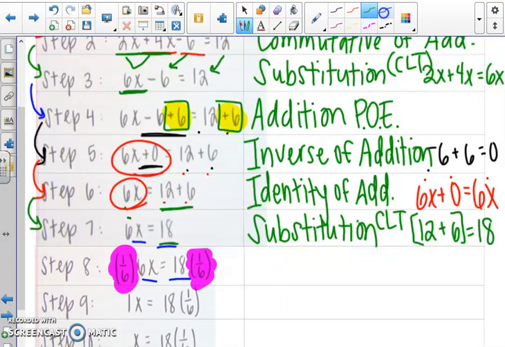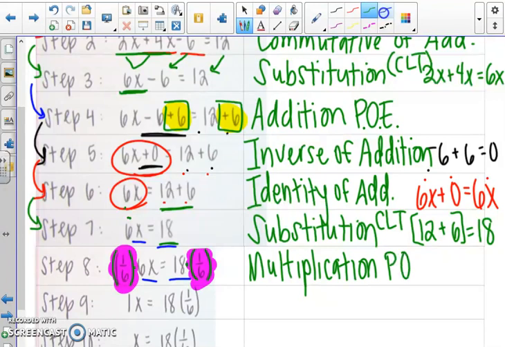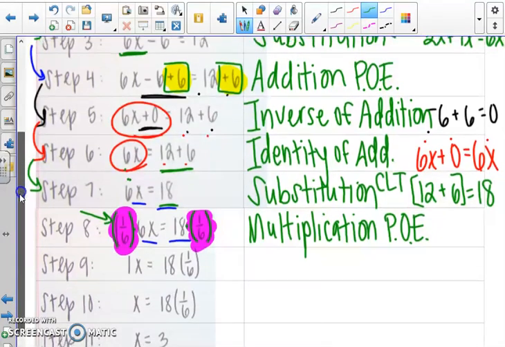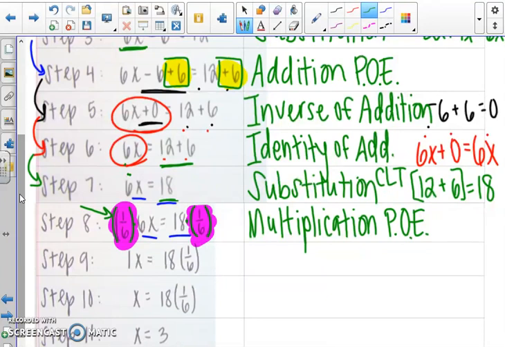This is saying 1/6 times 6x because of those parentheses, and 18 times 1/6. So this is actually multiplication property of equality, because we're multiplying both sides of this equation by 1/6. It doesn't matter whether 1/6 is a fraction or not, you're still multiplying by that fraction.